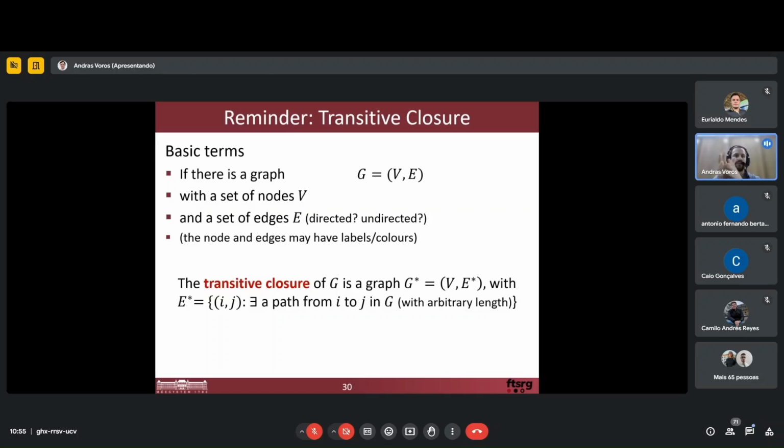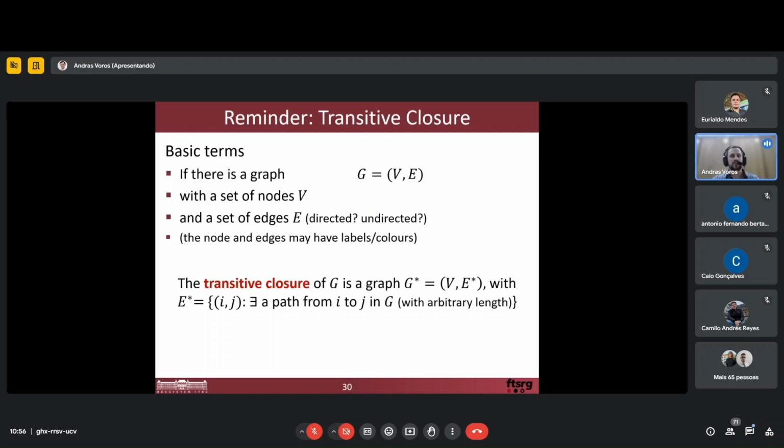The transitive closure of a graph G is another graph that is called, let's say, G star, that contains the same nodes and a different set of edges, E star, where we say that an edge is between two nodes if there is a path between the two nodes. So we need this transitive closure to answer many questions related to our structural models and graphs.